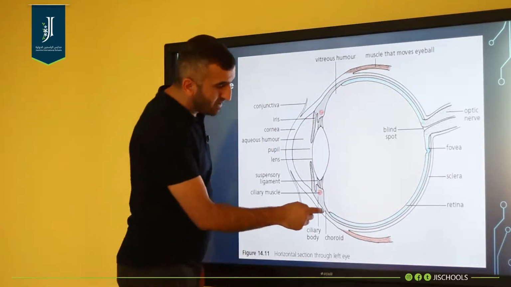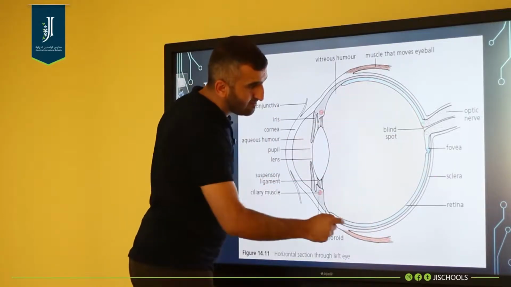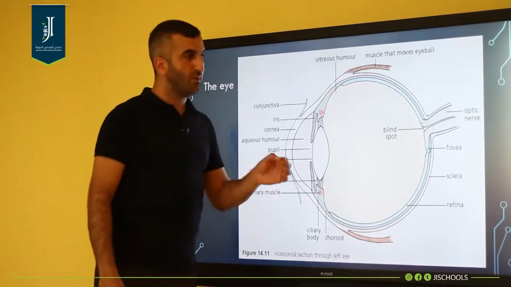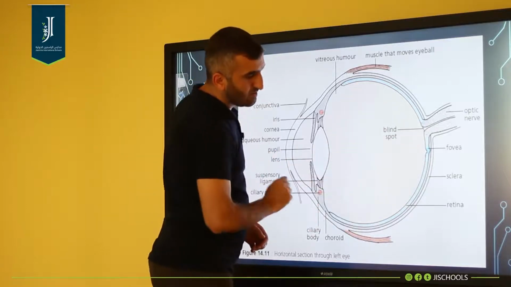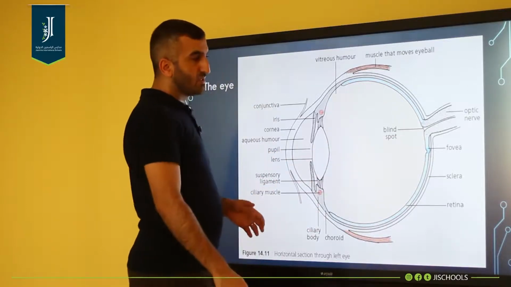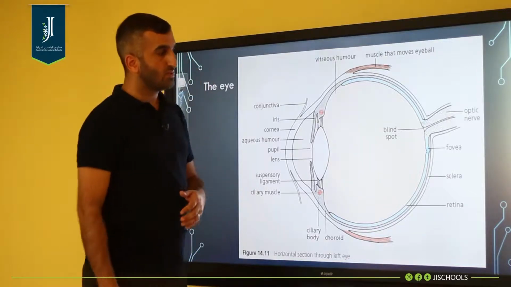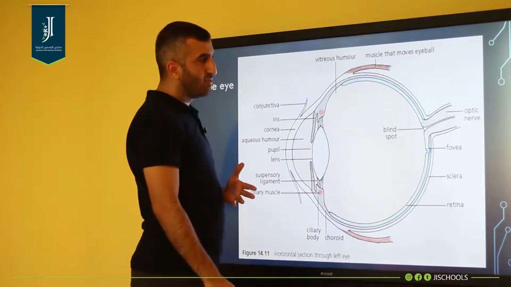What else? We have the inner layer of the eye, which is the retina. This is the retina. It contains the receptors. This is the most important part of the eye for our today's lesson. It's the retina, which contains the receptors. We call them the cones and the rods. Well, the retina itself has particular important points.